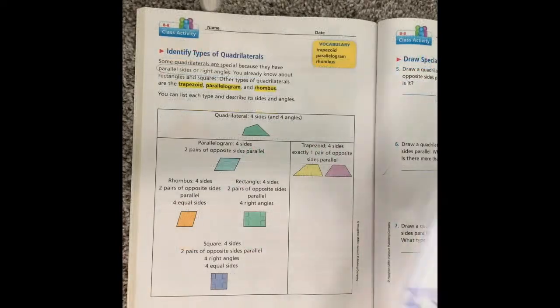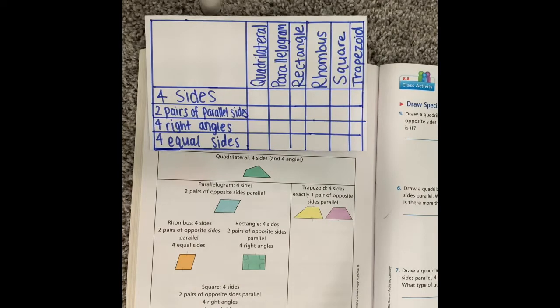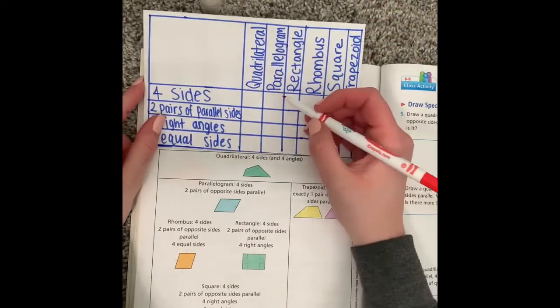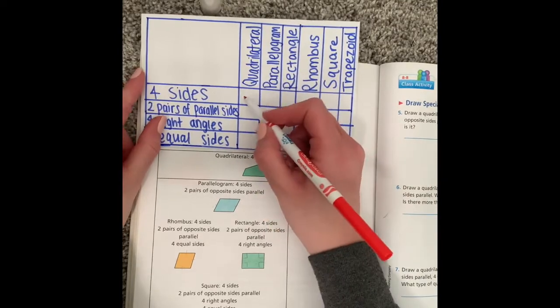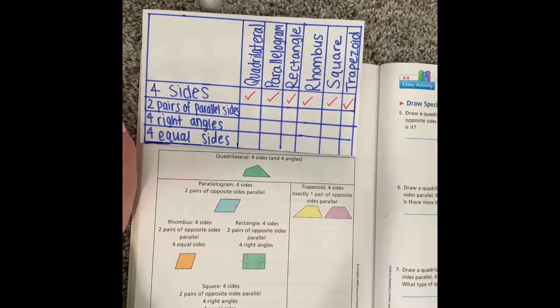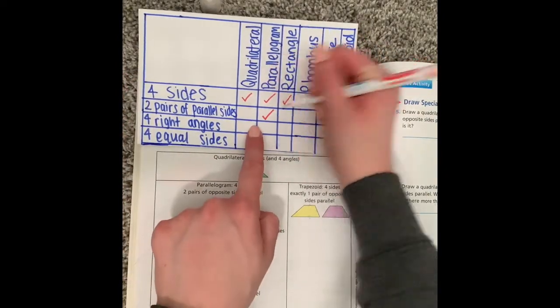So now we could quickly just take a chart like this and we can check off the characteristics that each of these quadrilaterals have. So we know that all of these have 4 sides because they are all quadrilaterals. We know that a parallelogram has 2 pairs of opposite sides parallel.